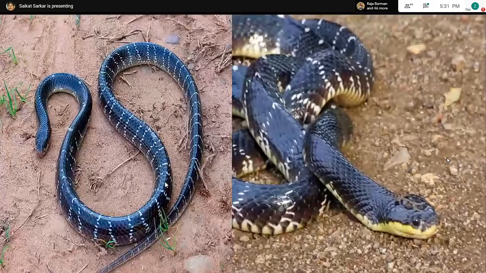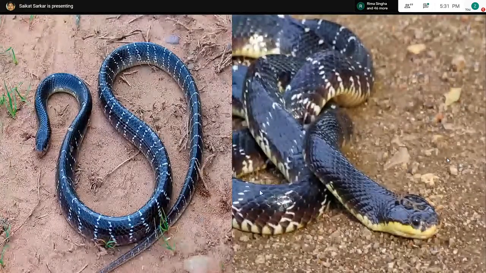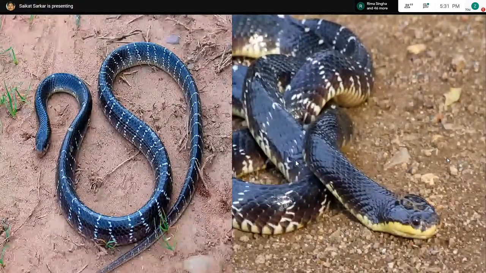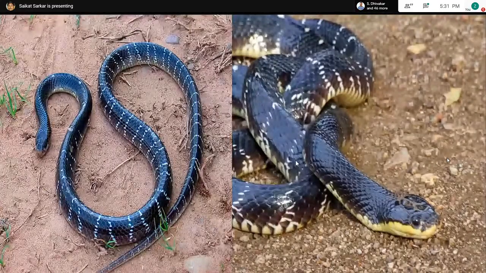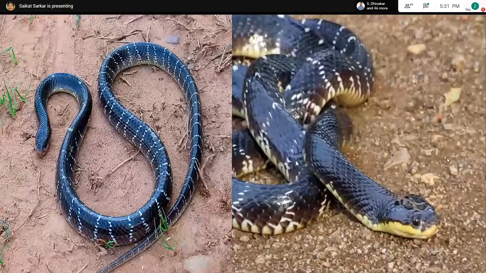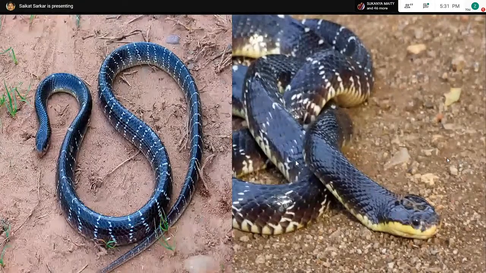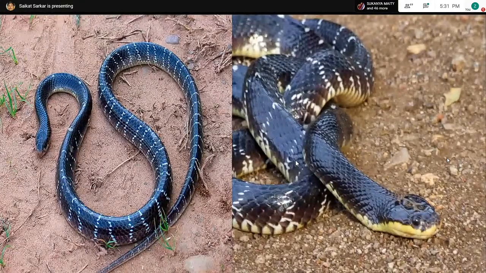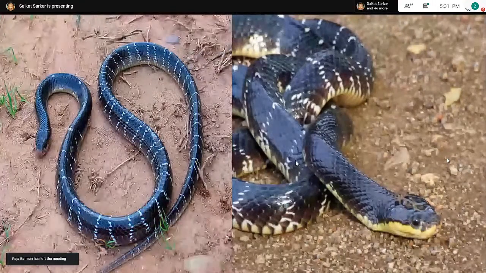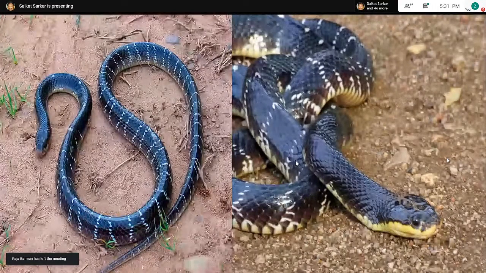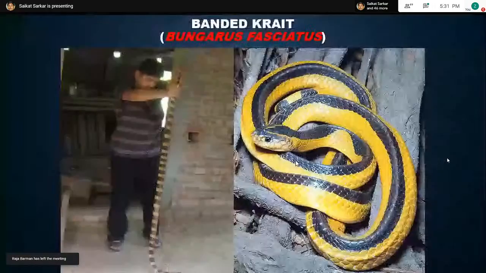At least in Midnapur, I have found Wall's krait, and Wall's krait are known to be found in North Bengal also. Many of them, not all of them, may be Wall's krait, but many specimens have been found in North Bengal, in Jalpaiguri district at least. Our collaborators have found them there.